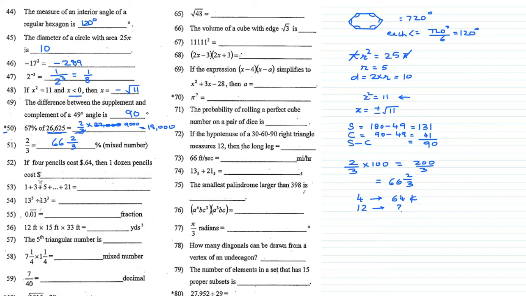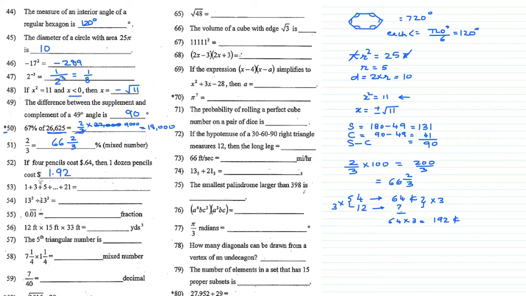So clearly 4 times 3 is 12, so we need to multiply 64 cents times 3 as well to find out the cost of 1 dozen pencils. So 64 times 3 is equal to 192 cents. So in terms of dollars, this will be 1.92.